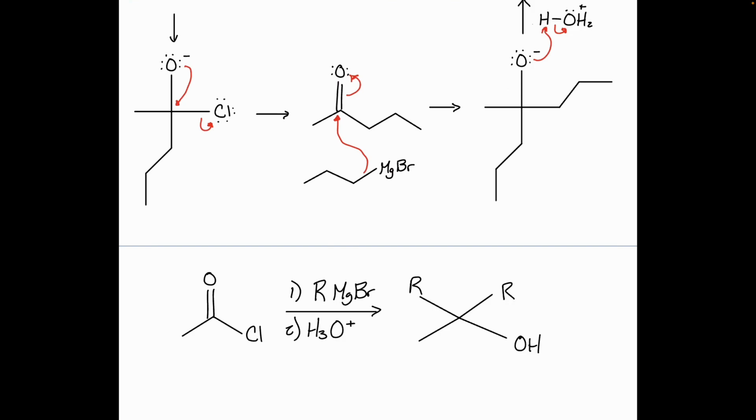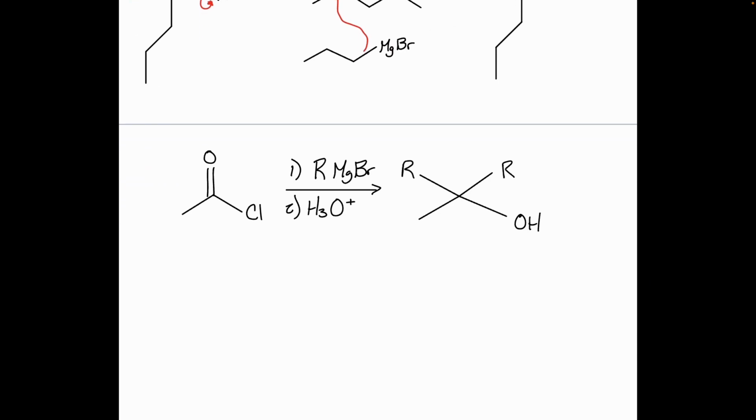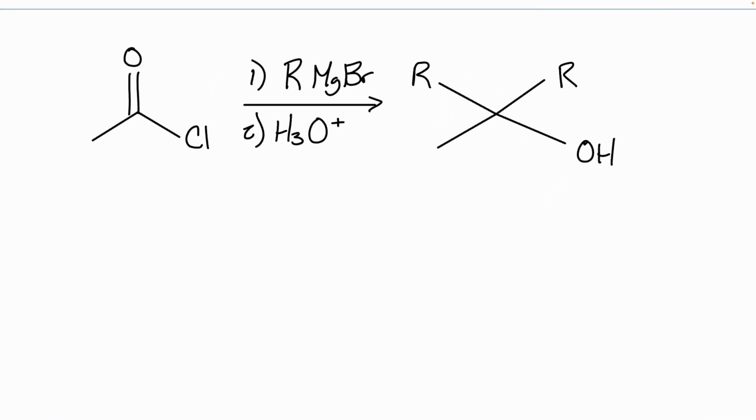Okay, we have another reagent that is very similar to our Grignard, another organometallic reagent that will create new carbon-carbon bonds, but it's considered a weaker nucleophile than the Grignard. Those are the Gilmans.